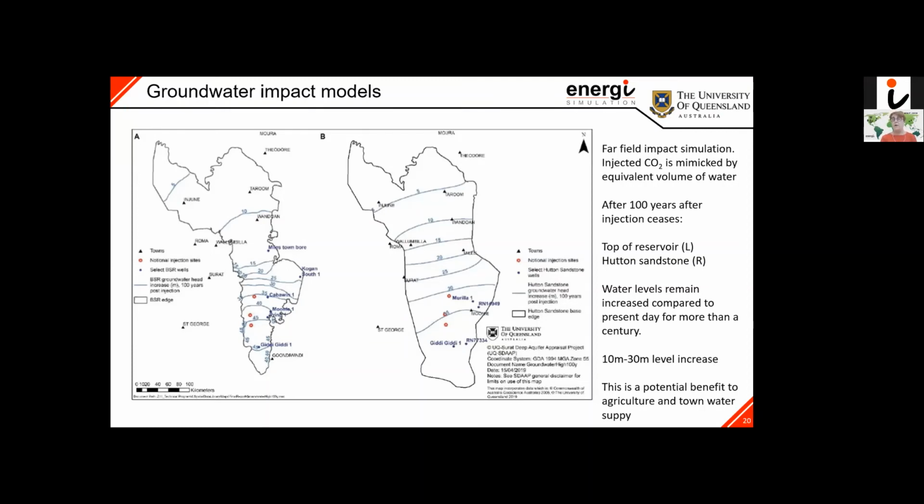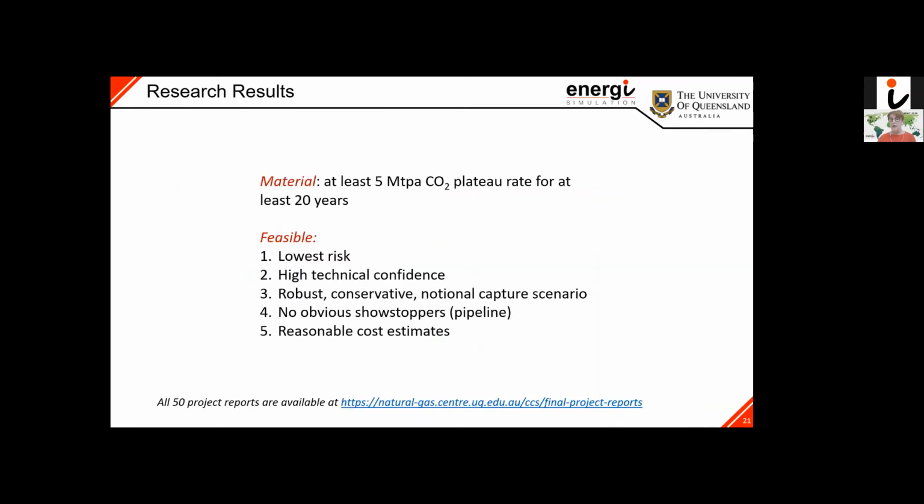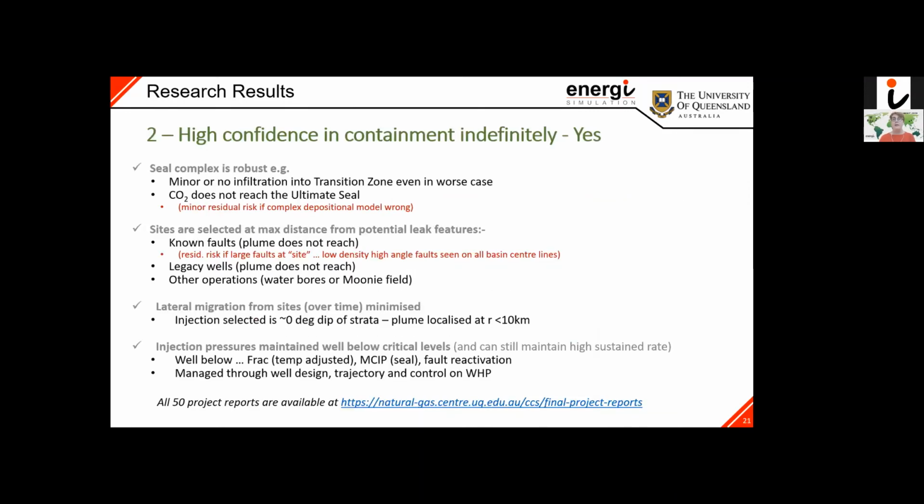So for a dry state like Queensland, this is actually quite a benefit, as it would lower pumping costs. So finally, there is high confidence based on these models that we have a seal complex that is robust, that we can inject a large amount of CO2, and that the containment is quite good.